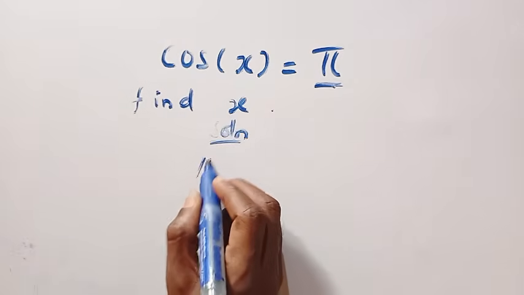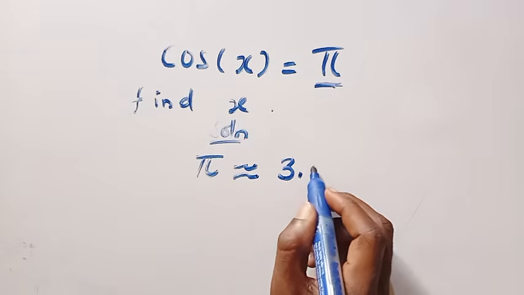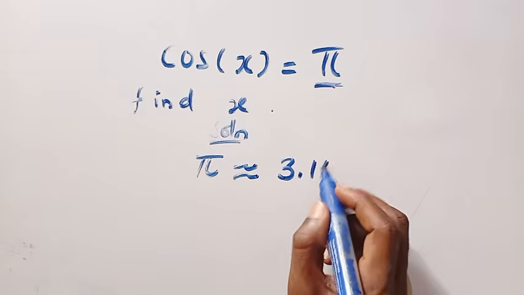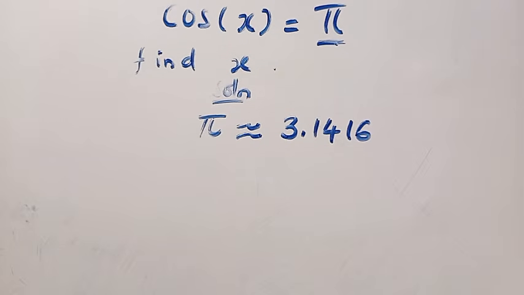Given that we know pi is approximately 3.1416, is there any real solution to this?